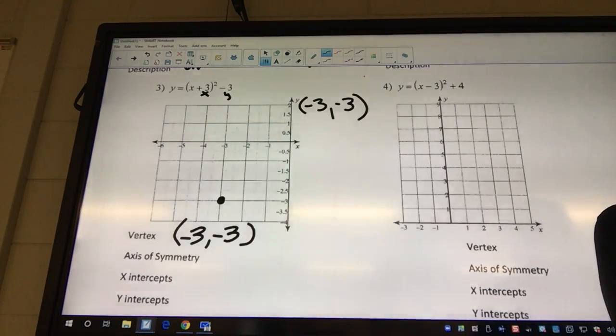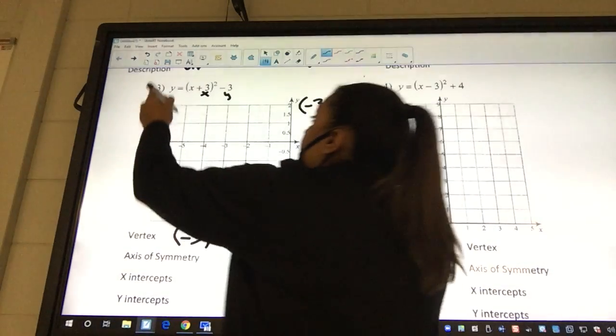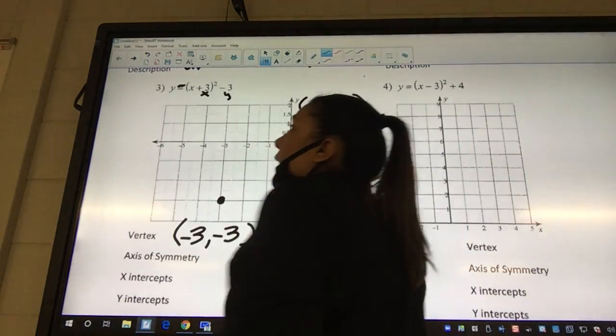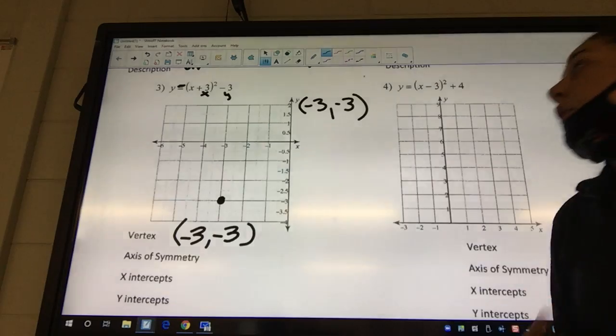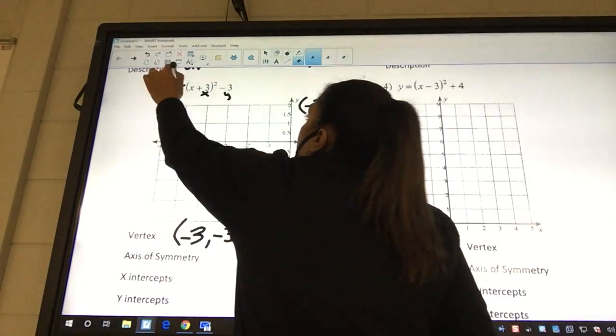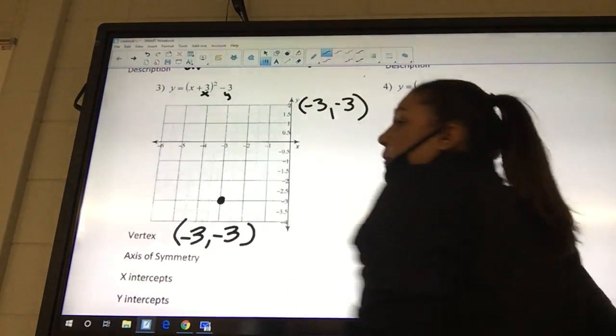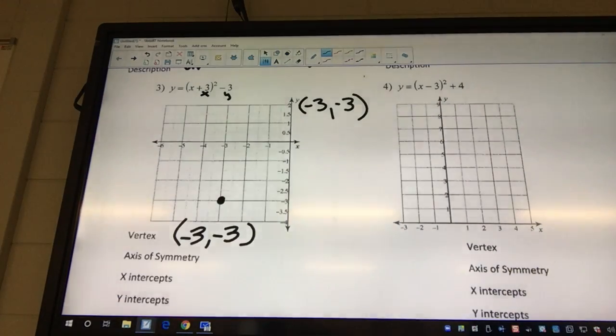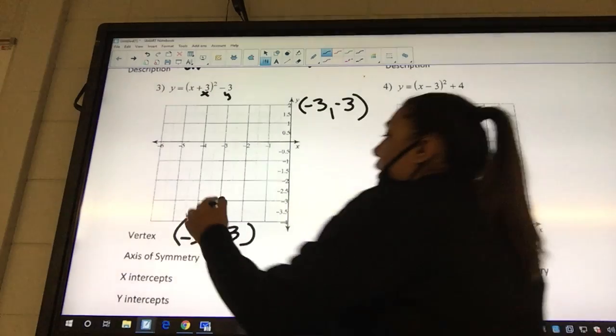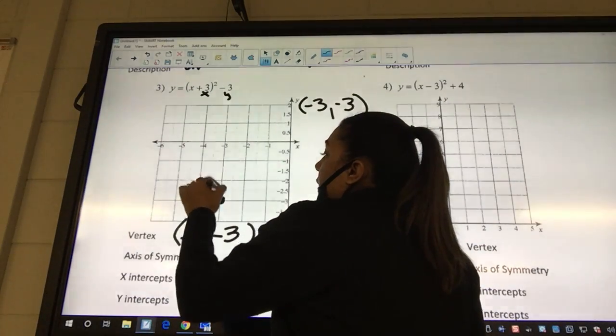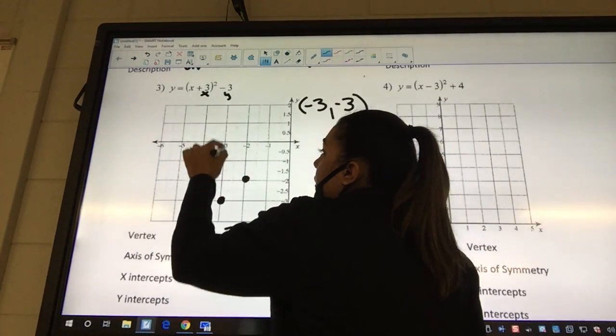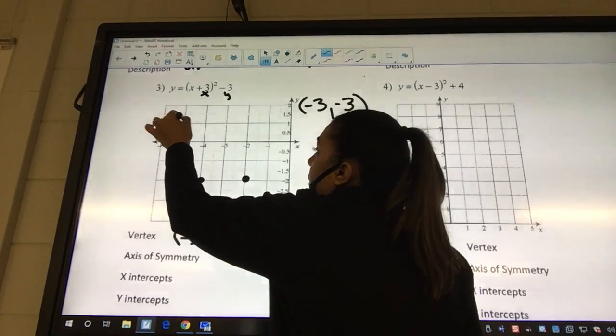It doesn't have a negative out front. So right here, there would be a negative if it's supposed to open down, okay? And so this one does not. What is the slope for this one? There is no slope. So in all reality, we just go up 1, over 1, and up 4, over 2.